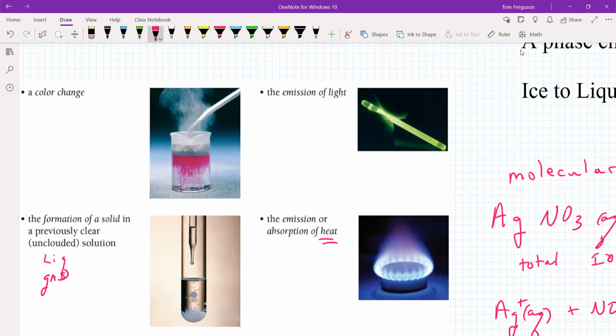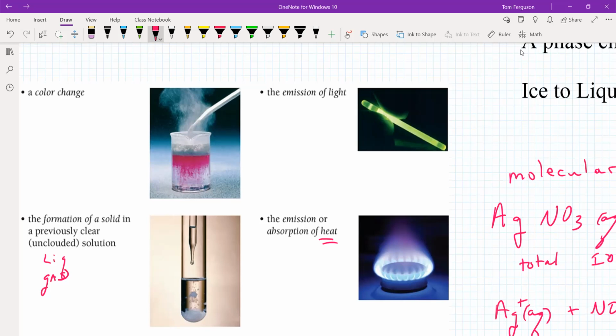You go, oh wow, something's going on. But you look at it visibly and it's just got hot because it's creating H plus OH equals what? H2O.